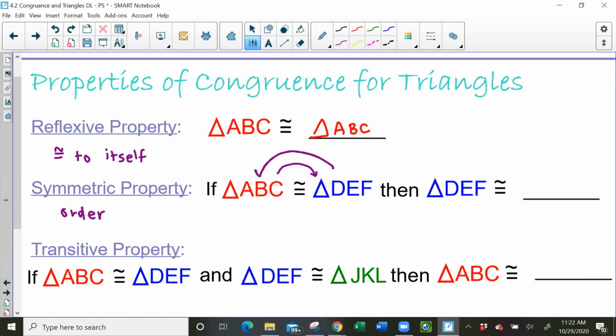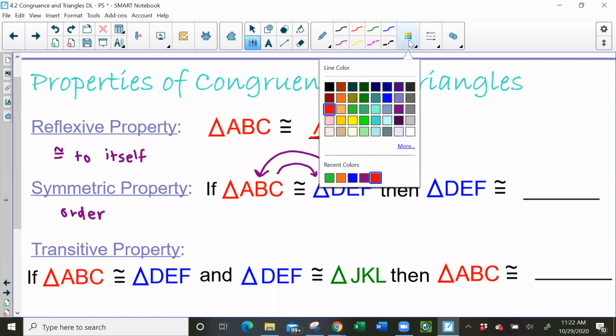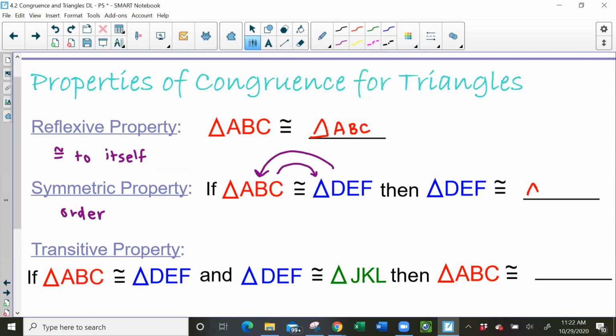We can just then say triangle DEF is congruent to triangle ABC. So we just reverse the order. And that's symmetric. Again, having these in your notes will help you on your quiz and test and your homework.